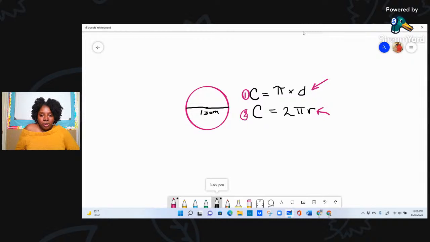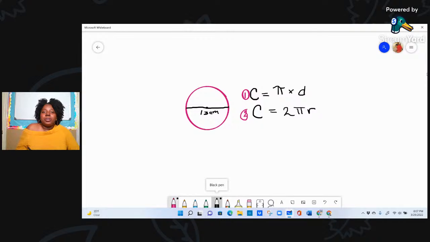Equation 1 or equation 2? Okay, equation 1, right? They gave us diameter, so it makes sense to use the one with diameter.